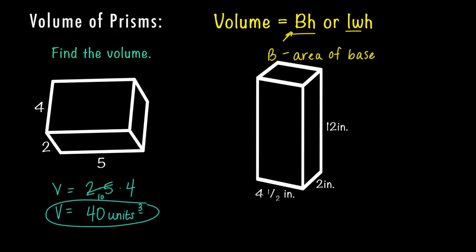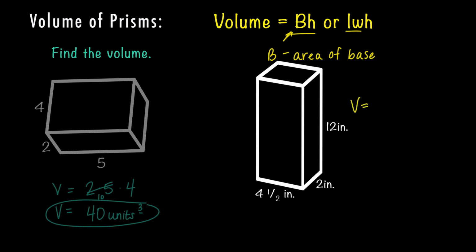Prism number 2, we have 12 by 2 by 4.5. So now we're going to have to deal with some fractions in this case. Volume equals area of the base, which is 4.5 times 2, and then I'm going to multiply that times my height. There's a couple of ways we can do this when you have learned fractions.